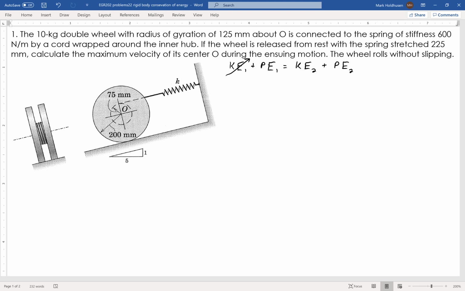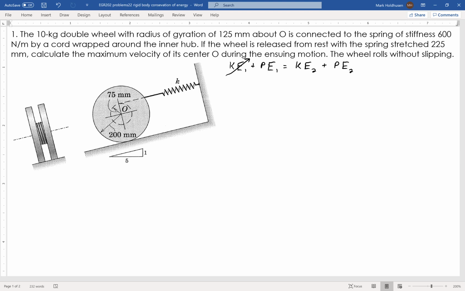Initially, I get to set my datum, so I'm going to set the position datum right at 0 at this point. We'll call the PE due to gravity 0.